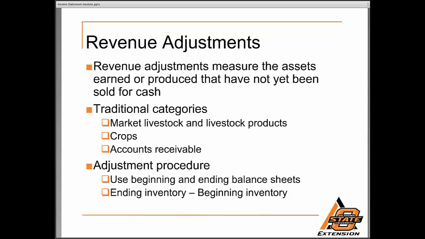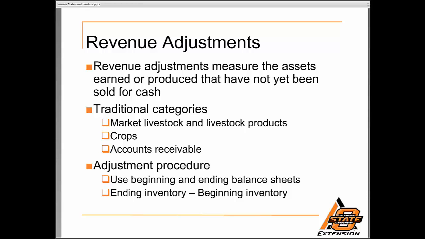A negative adjustment may also occur. If your balance sheet had the same $20,000 of wheat in storage at the beginning of the year, but at the end of the year you had $0 of wheat in storage, the revenue adjustment would be negative $20,000.